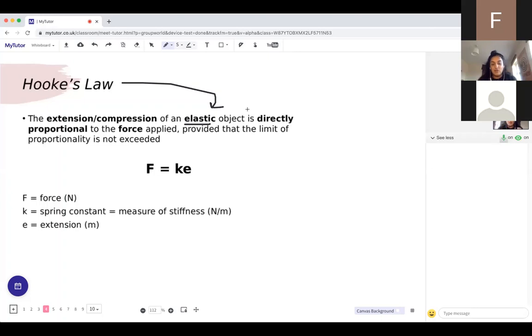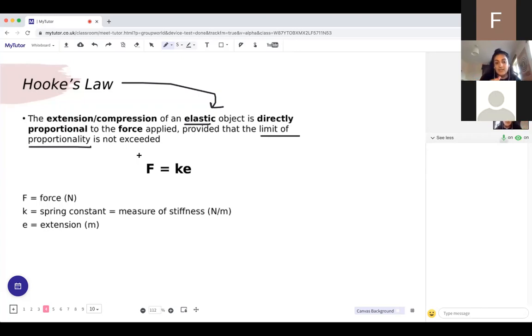Now, there's an extra bit to Hooke's law, which says provided that the limit of proportionality is not exceeded. The limit of proportionality is this limit that we have for the material that we're working with, where Hooke's law no longer applies.